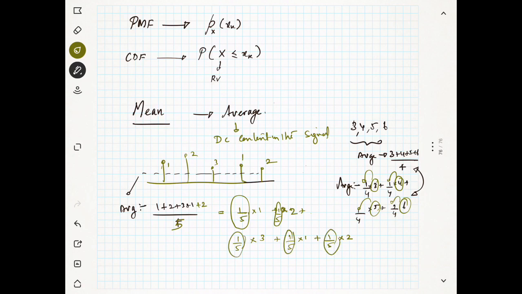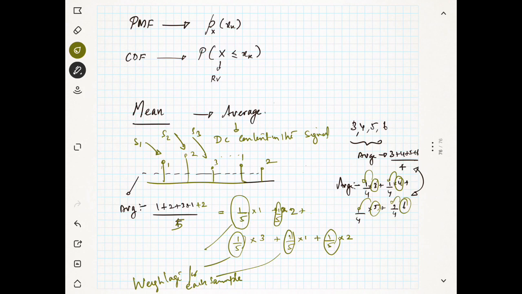That means this is the weightage for each sample. This is sample 1, this is sample 2, this is sample 3 and so on. So you can see this is the contribution.